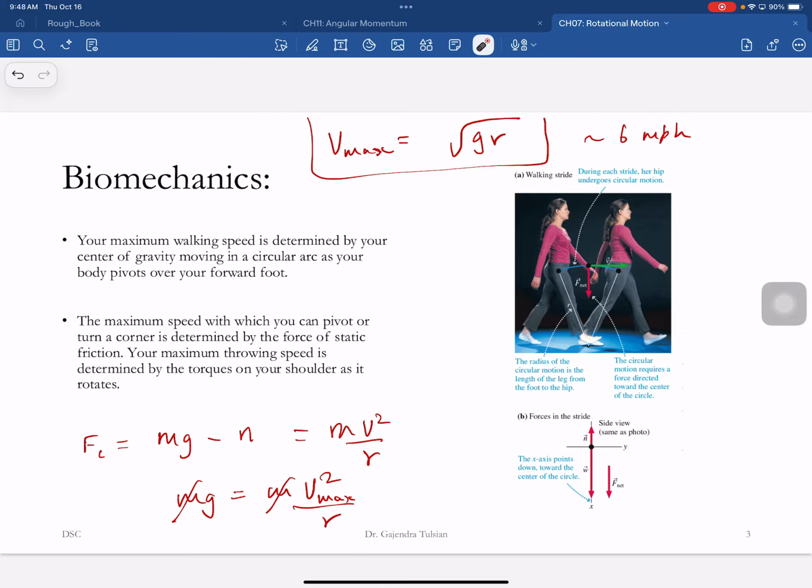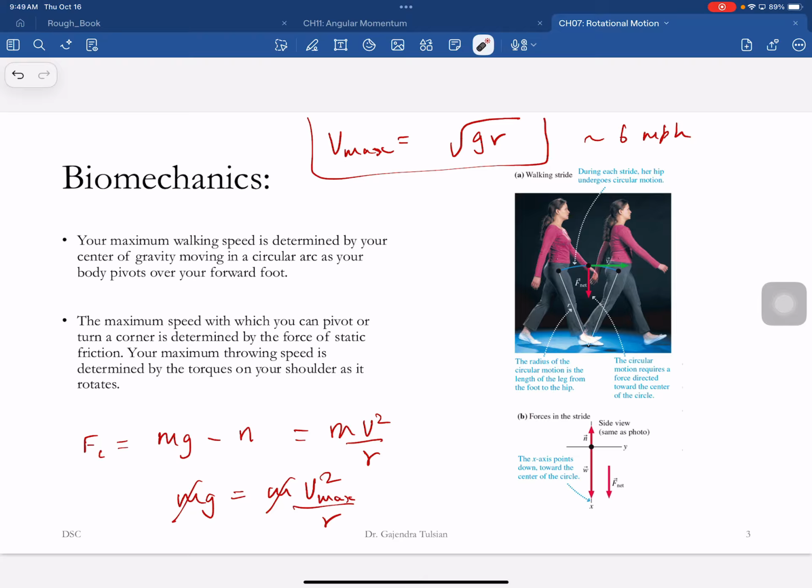Giraffes have longer legs, so they can walk faster. It turns out that mice have such small legs that their maximum walking speed is so small that they hardly ever walk. Mice always run. So your maximum walking speed is about 6 miles an hour.